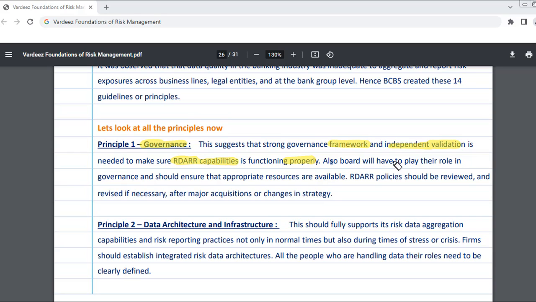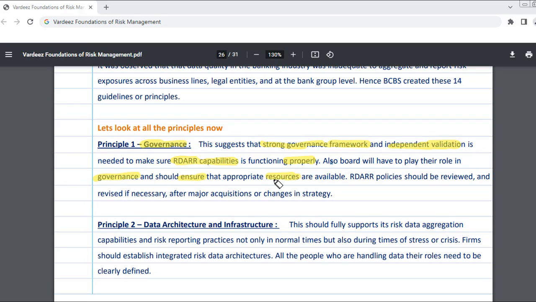The board has a role to play in governance. The board has to play a very important role in creating a strong governance framework, and the board should also ensure that appropriate resources are available. For example, if a team or any human resource is needed to manage the governance or to create a governance framework, then the board should ensure that those resources are available.